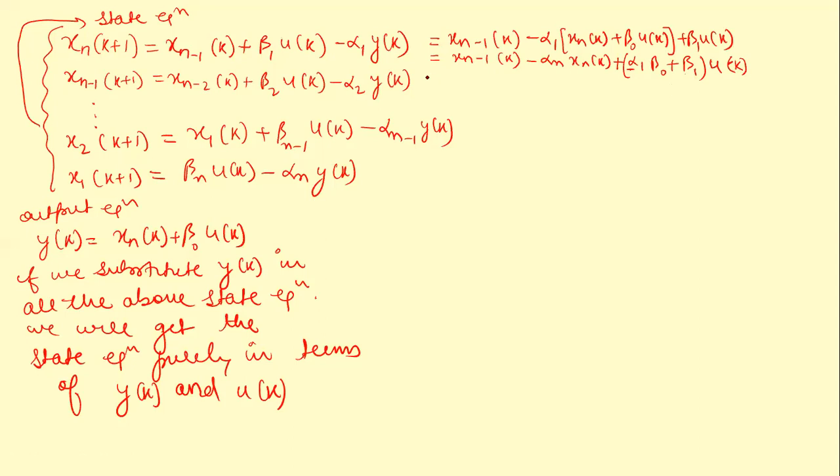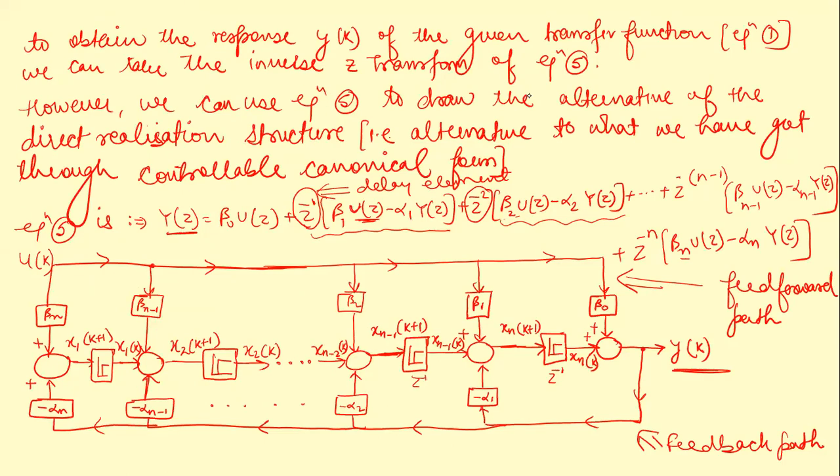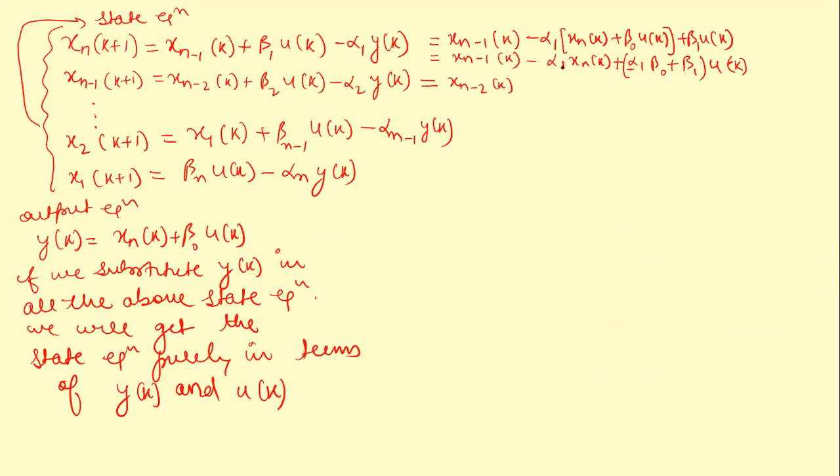So similarly we can write for this equation also, it would be x n minus 2 k, and so when we put this here, first of all we should correct this one. So this is not alpha n, so this is alpha 1 here, right?